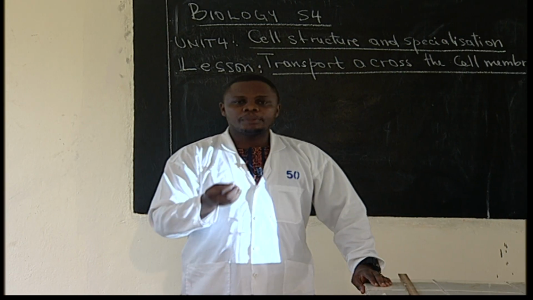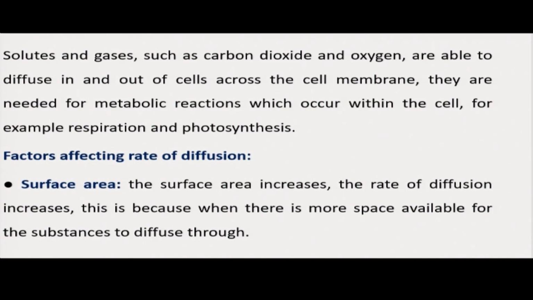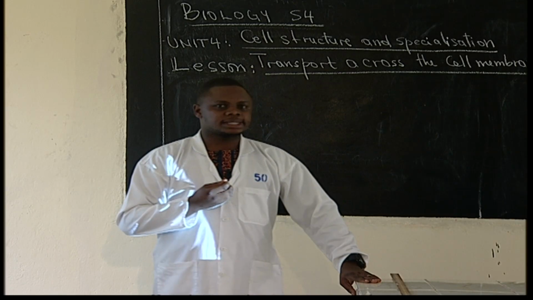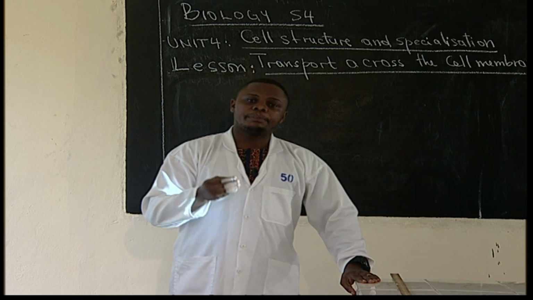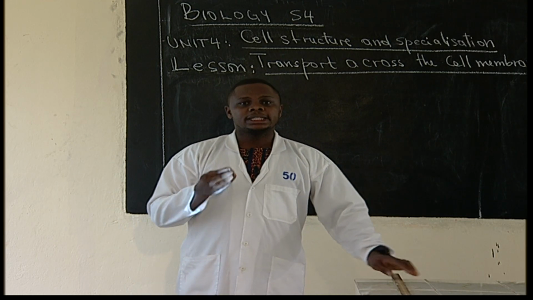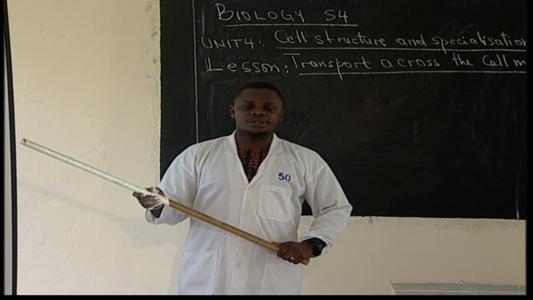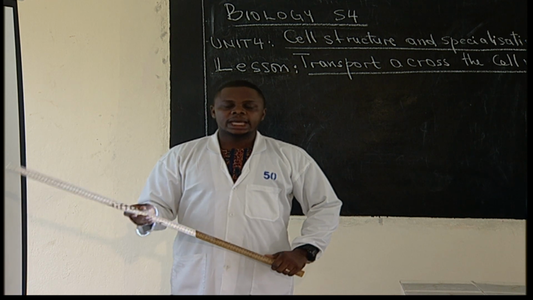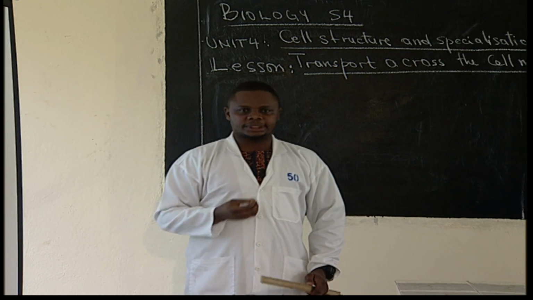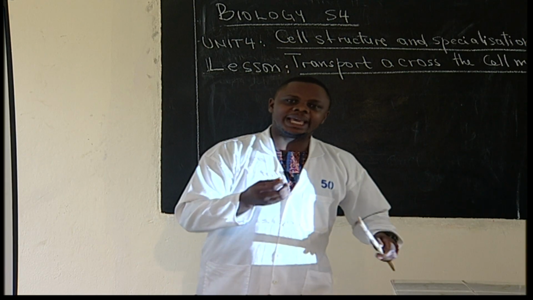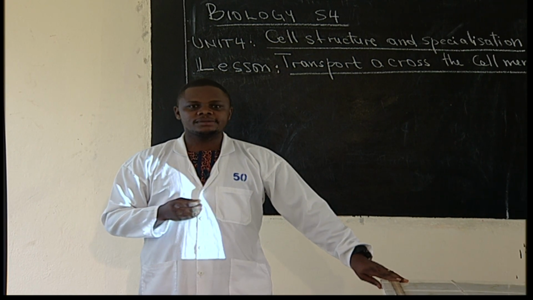Remember, our body gets oxygen through breathing. And then when we breathe in, this oxygen has to be transported by the circulatory system to different parts of the body so that that oxygen can go into cells by the process of diffusion. This oxygen is very important. Can you explain how it is important to cells?